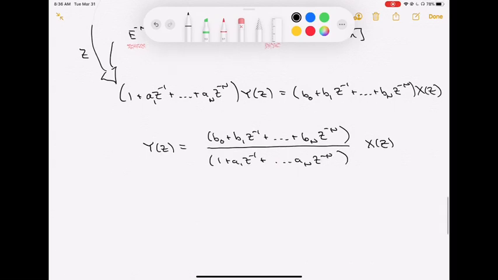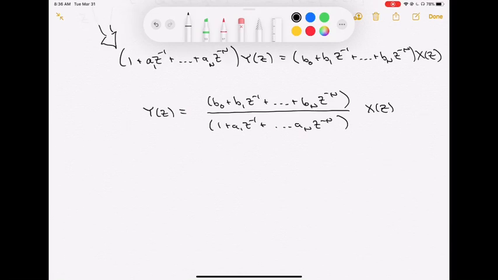Just because of the way our book notation is, while we oftentimes work with difference equations in delay form, our book prefers things in terms of positive powers of z. So again, I can play that same game. I can multiply top and bottom by z to the n.